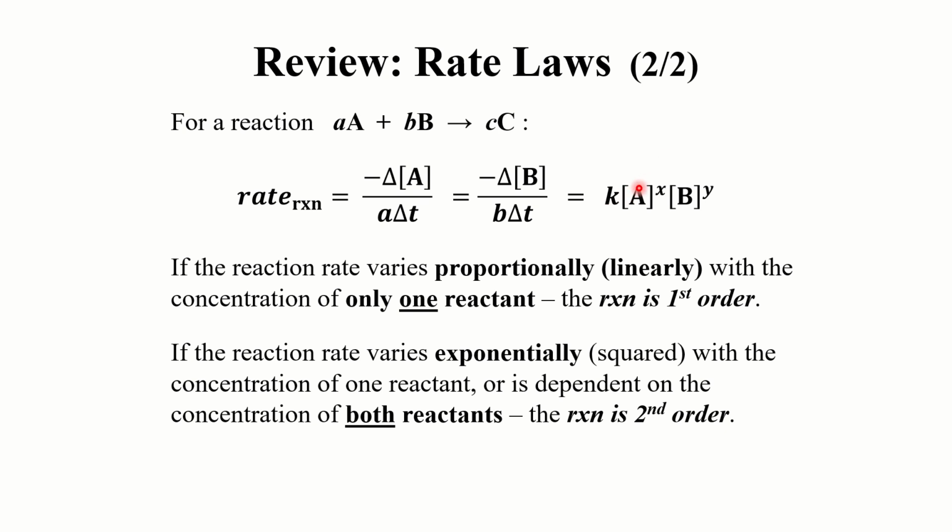If A is second order and B is 0, the reaction rate is overall second order. Or if both A and B were first order, the overall reaction order, again, would be the sum of those two, which is what this second point is describing, is dependent on the concentration of both reactants. The reaction is second order.